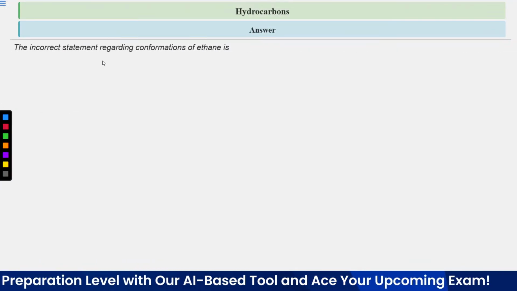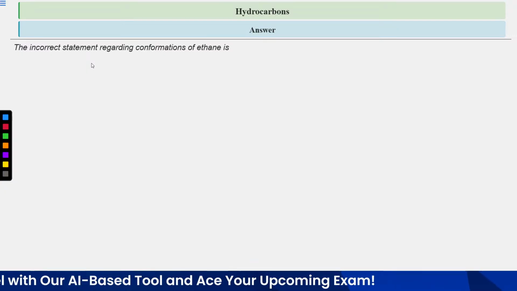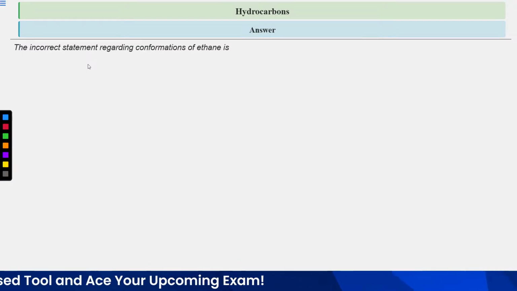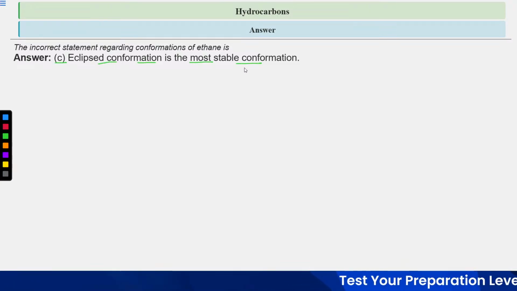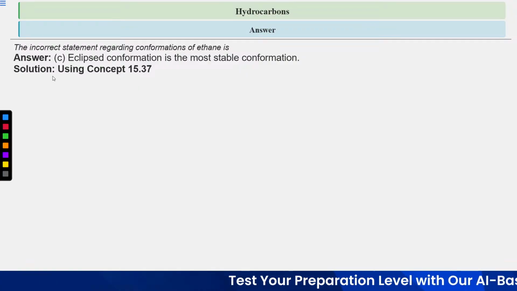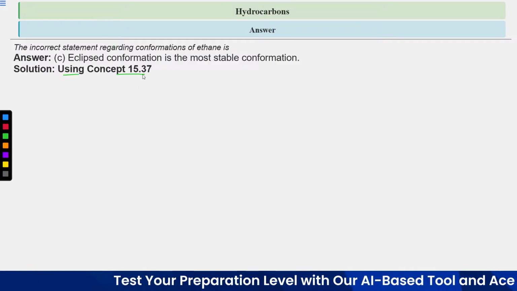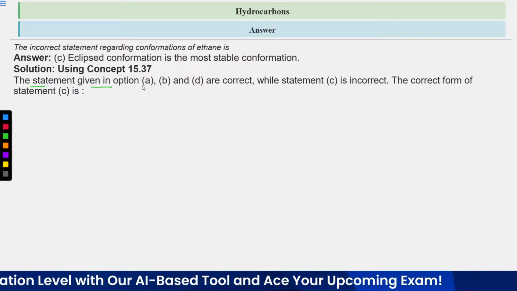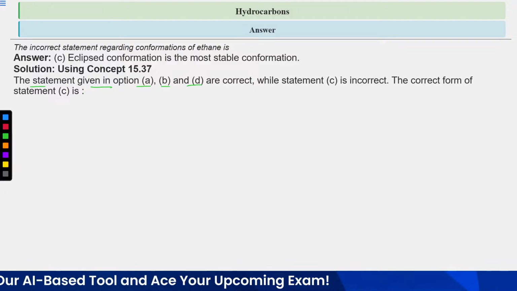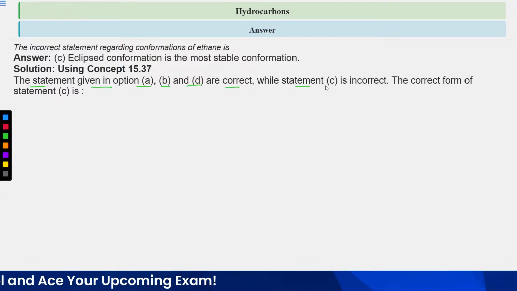So for the given question, the correct answer is option C, that is eclipsed conformation is the most stable conformation. Using the concept 15.37, the statements given in options A, B, and D are the correct ones, while the statement given in option C is incorrect.